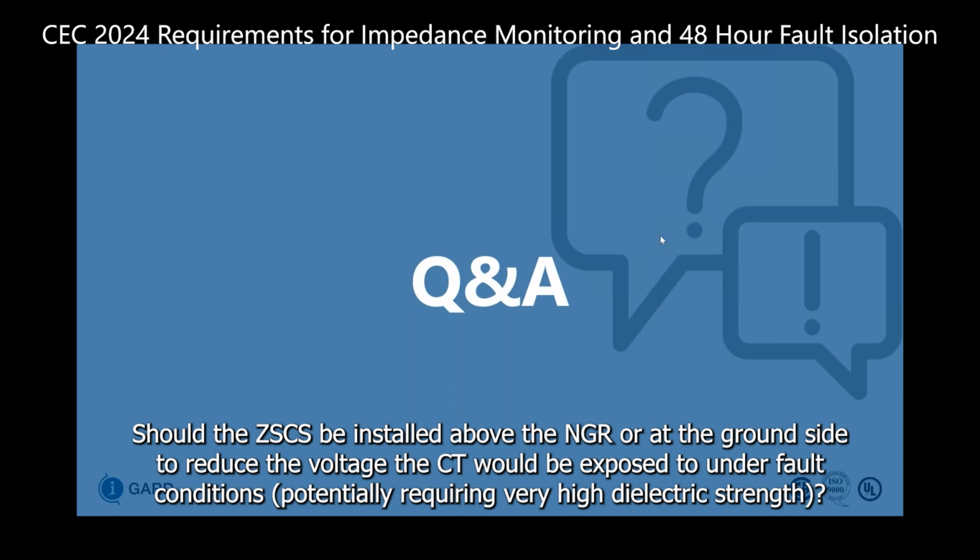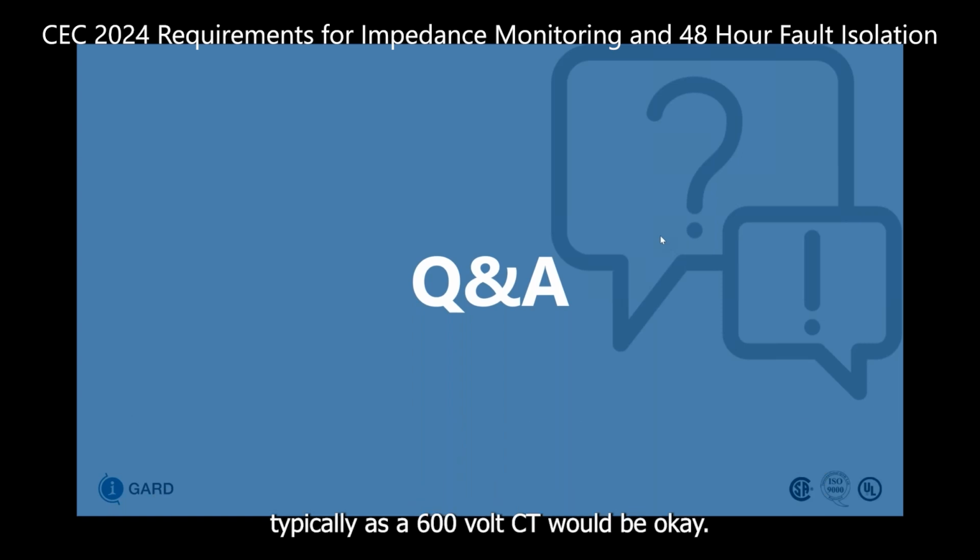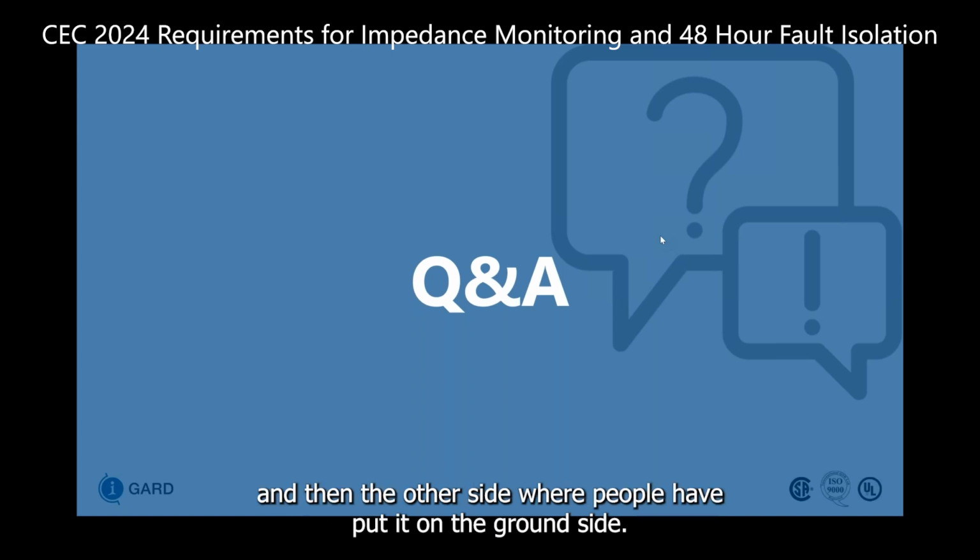Basically, should the zero sequence current sensors be installed above the NGR or at the ground side to reduce the voltage the CT would be exposed to under fault conditions, potentially requiring very high dielectric strength? So in this case, if you're using a passive CT, typically a 600 volt CT would be okay. We have seen the drawing done both ways, where people have put it on the line side and the other side where people have put it on the ground side.